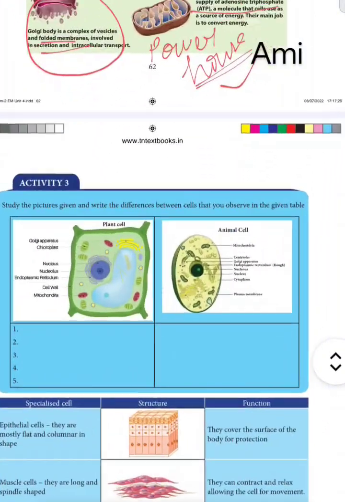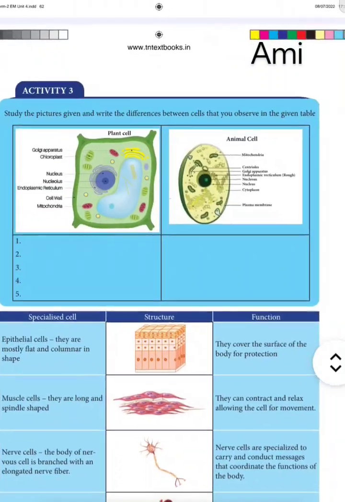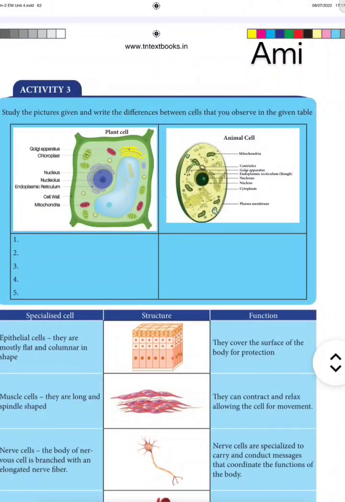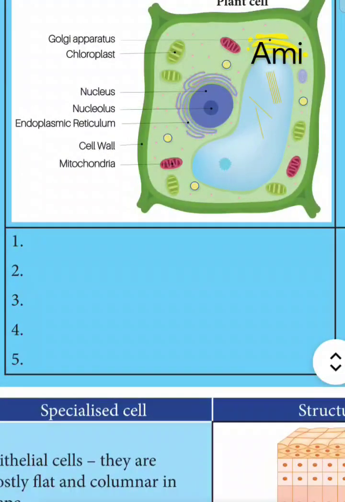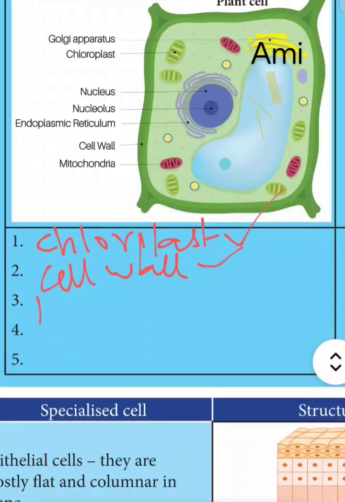Now we are moving on to the differences between plant cell and animal cell. Here you can write the plant cell has chloroplast. The plant cell has cell wall. They have large vacuole. Okay.